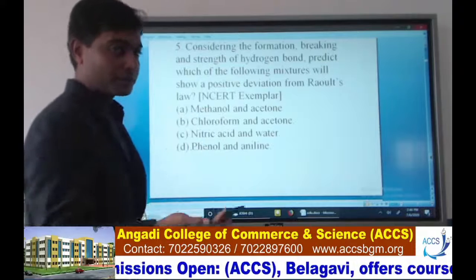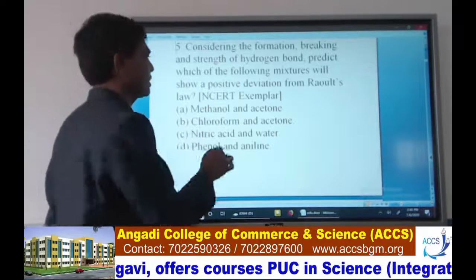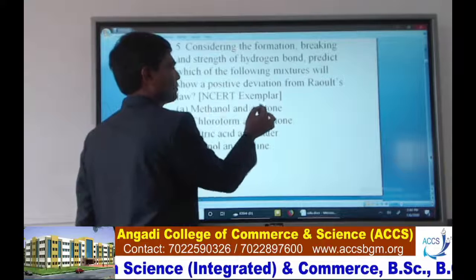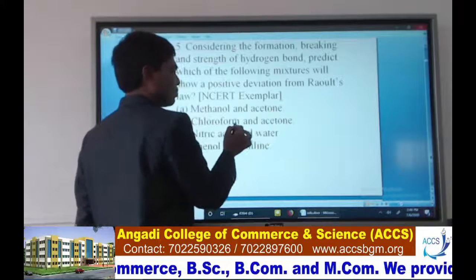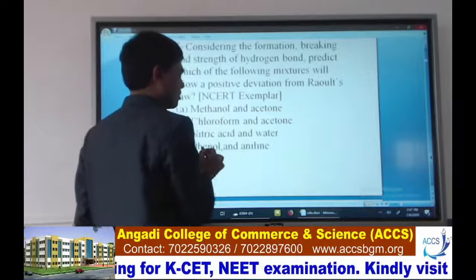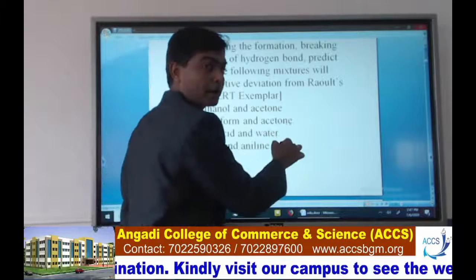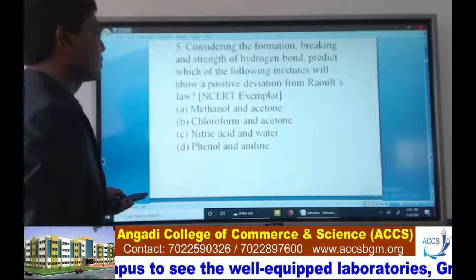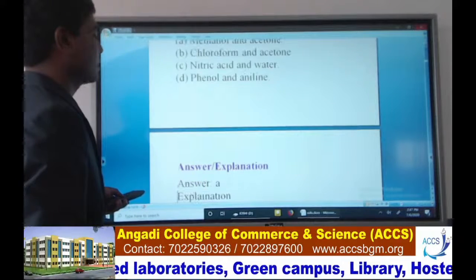In this, you have to understand which are miscible and which are non-miscible. Methanol has hydrogen bonding, acetone no; chloroform no, acetone no; nitric acid yes, water yes; phenol no, aniline no, but lone pair of electrons will be there. So the correct answer for this question is A.